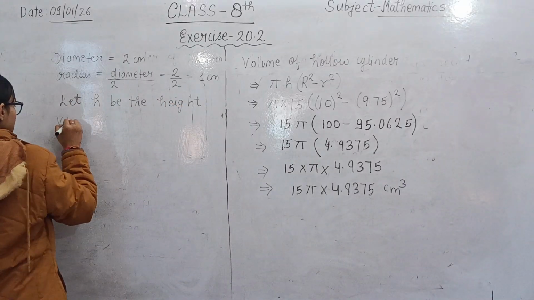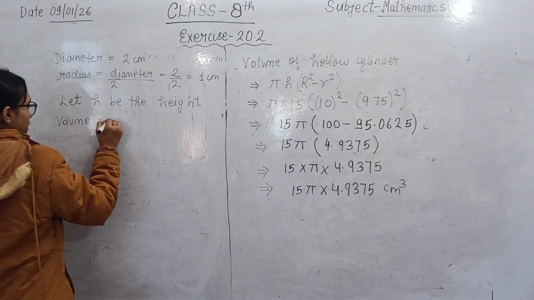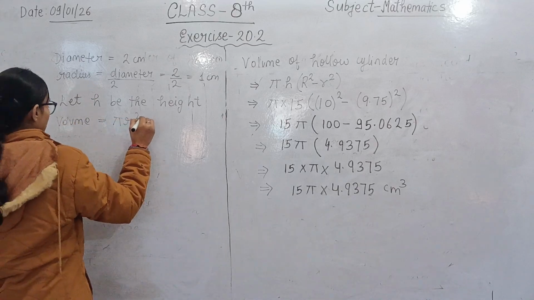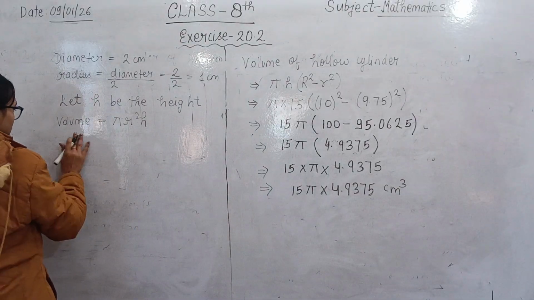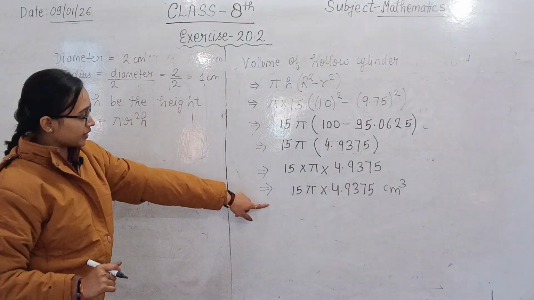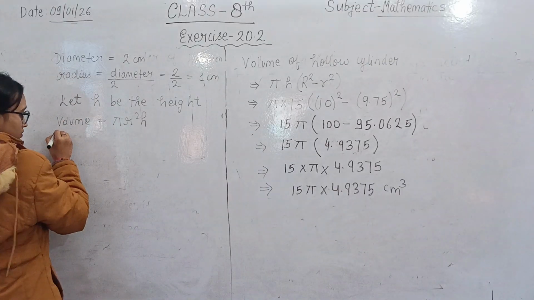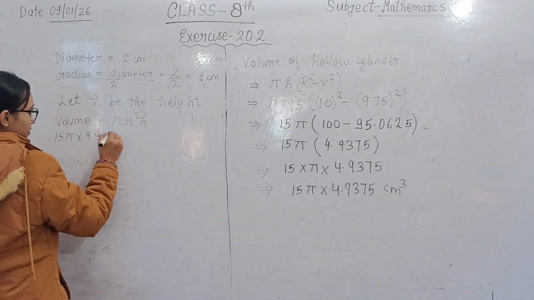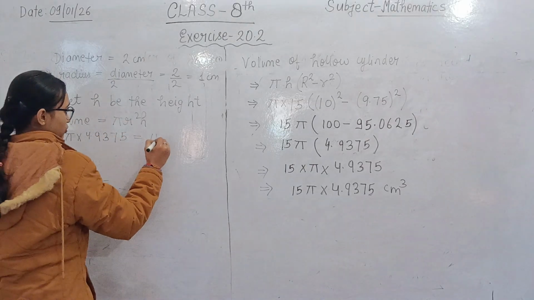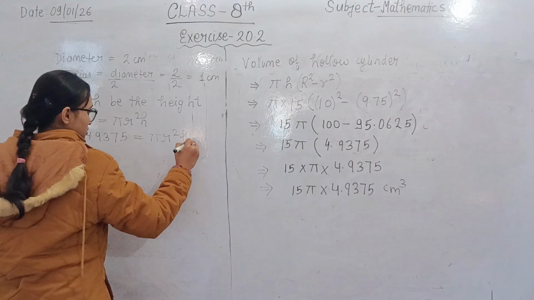Volume of cylinder is given by pi r square h, and here we have also calculated the volume. So 15 pi multiplied by 4.9375 will be equal to pi r square h.